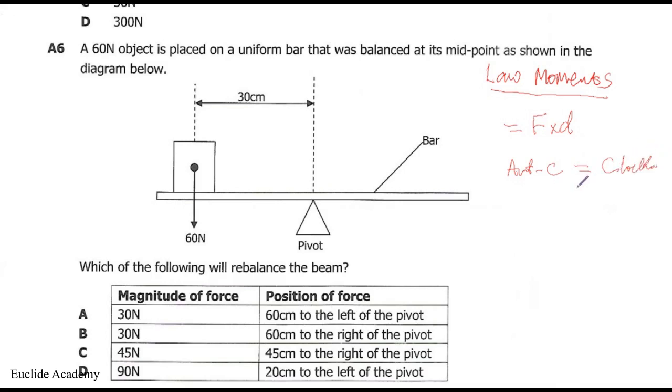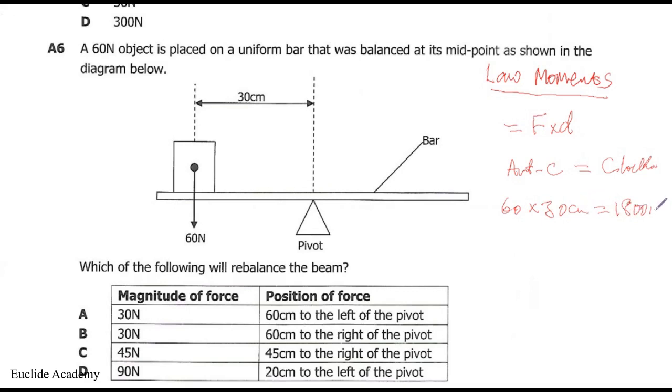For the anti-clockwise moment, we have the 60 newtons force times the perpendicular distance from the pivot, that is 60 times 30 centimeters. That is 60 times 30, which is 1,800, right? So it will be 1,800.